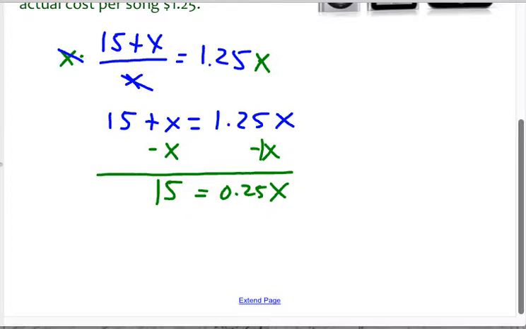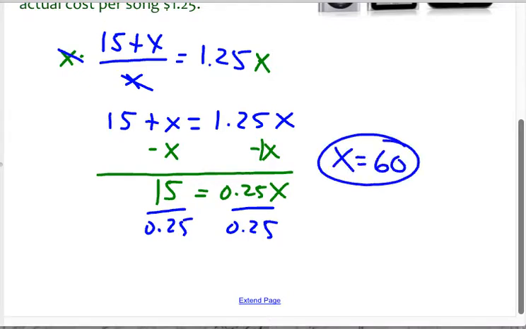And finally, to solve for x, I'm going to divide both sides by 0.25, and x equals 60. If you buy 60 songs, your songs will end up being $1.25 apiece.